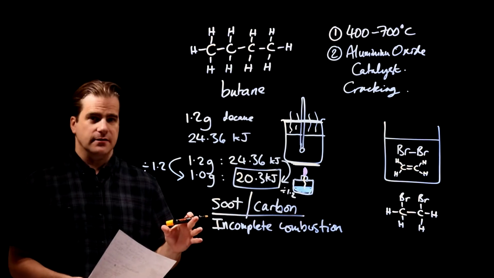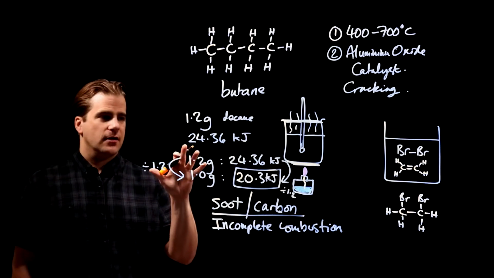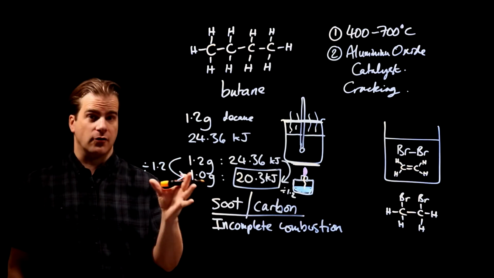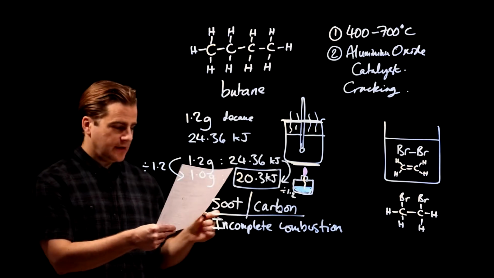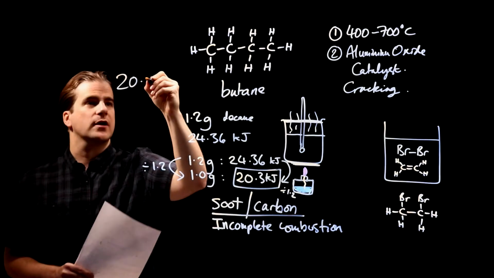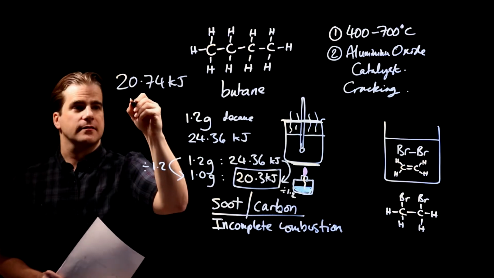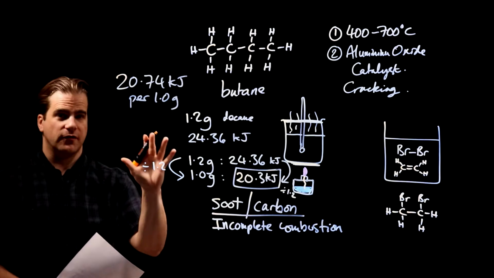Well, the first reason is that it releases the largest amount of energy per unit mass or per gram. Okay? And that energy is 20.74 kilojoules per 1 gram. And that's the important figure.